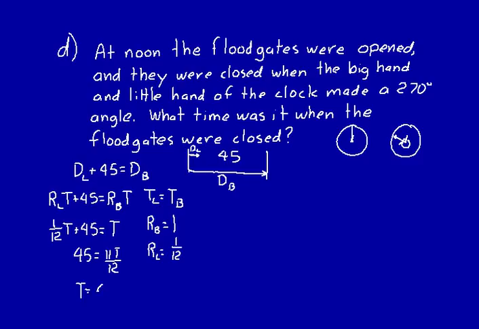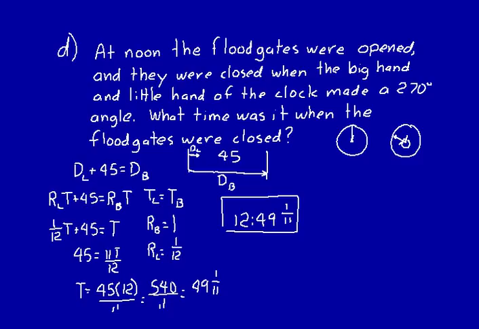T is equal to 45 times 12 over 11. And so that's equal to 540 over 11. And we can just write that as a mixed number, 49 and 1/11. So our time, therefore, would just be 12:49 and 1/11 minutes, we could say.